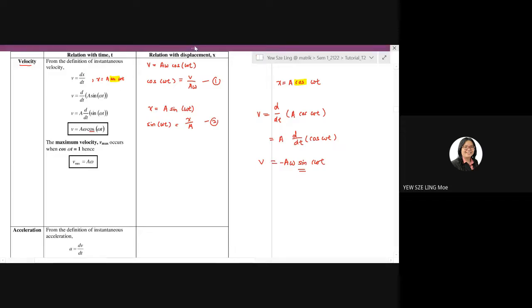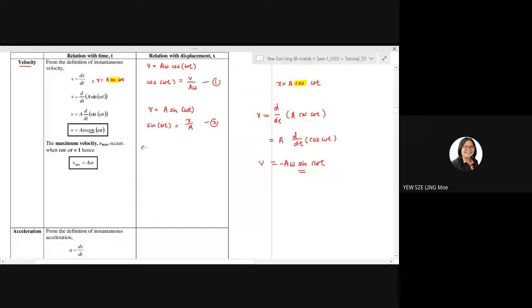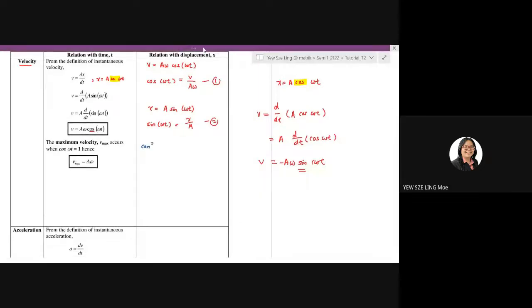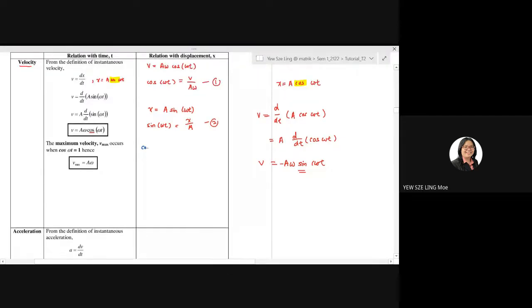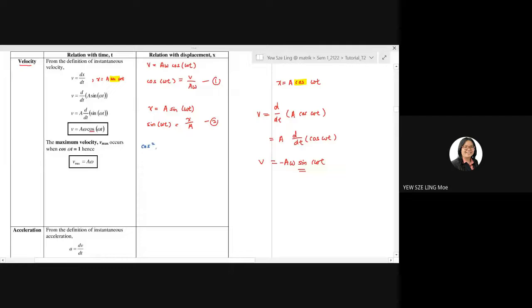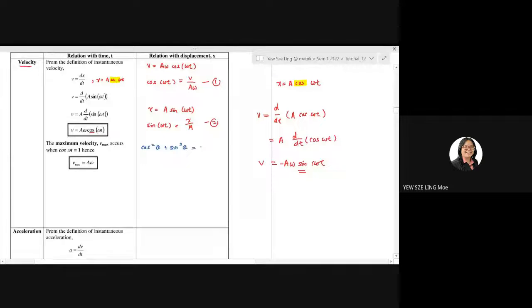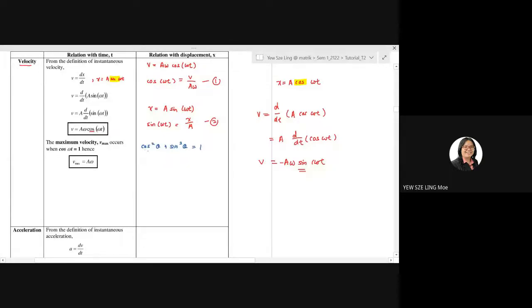Now I have these two equations. What am I going to do? I'm going to link these two equations, cos and sine, together. But how am I going to link them together? By using a trigo identity. So we know cos square theta plus sine square theta equals to 1.